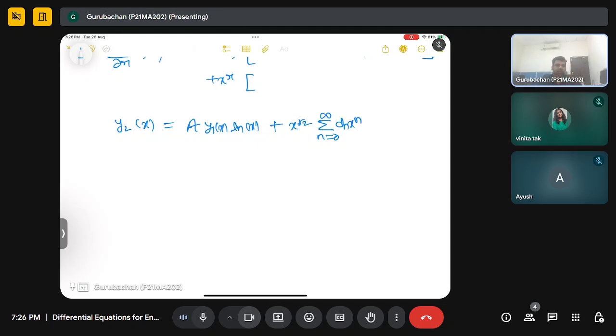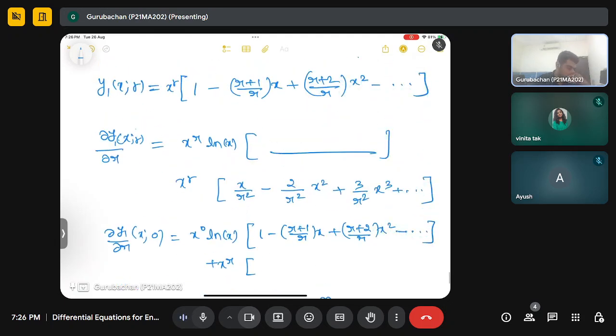This is another way to find the solution, and you have to find a, an and dn, which are unknown constants, from this equation. So in this manner you can do this one also.